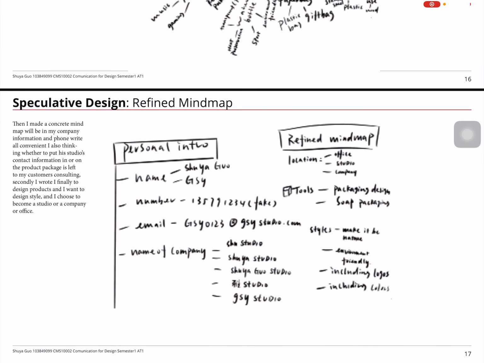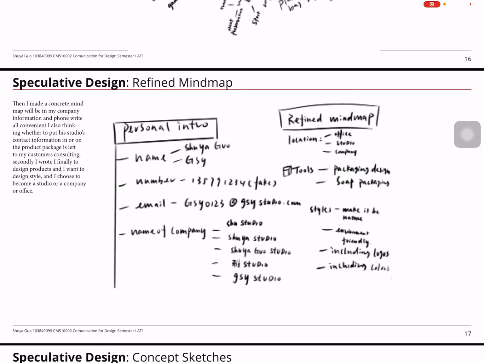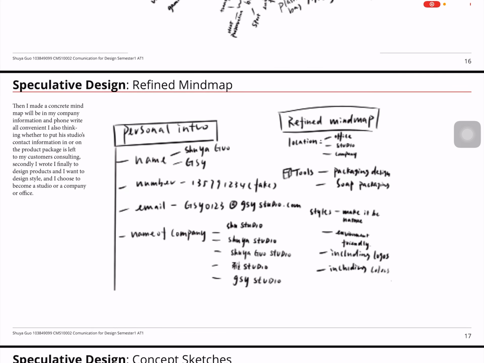written a personal introduction, including my name. I wrote two of my ideas for how I want to draw my logo, and here I wrote my phone number, my email, and the name of my company. I wrote some of my ideas on the company name, and I also wrote a refined mind map.